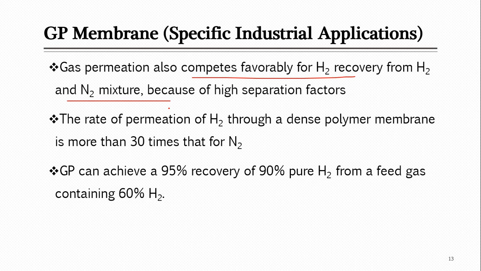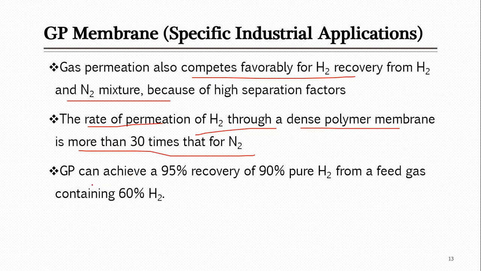Because of high separation factor, some materials give good separation of these components through the membrane. The rate of permeation of hydrogen through dense polymer membranes is more than 30 times as compared to nitrogen. So hydrogen can pass through some membranes 30 times higher than nitrogen, so definitely they can be easily separated.